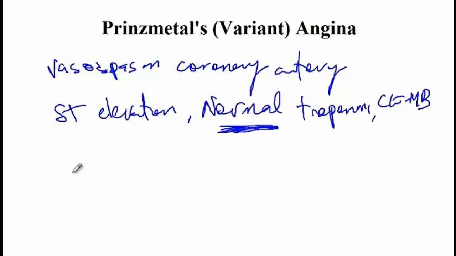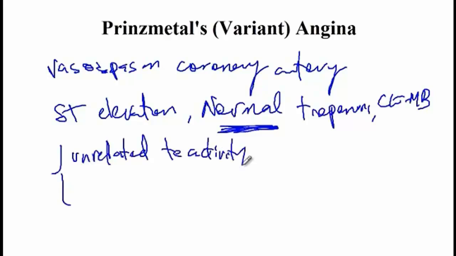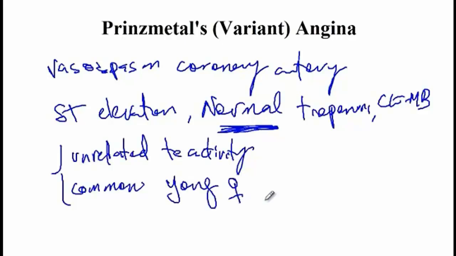The two features of Prinzmetal angina are that it's unrelated to activity, and it's commonly seen in young females. In young females, it's very rare to present with any myocardial infarction or stable or unstable angina. So if there is a female presenting with a chest pain that is unrelated to activity, you should first suspect Prinzmetal angina rather than the other forms of coronary artery disease.